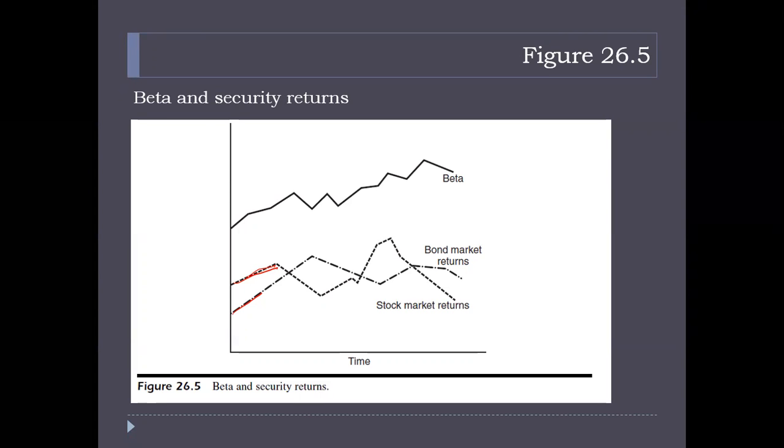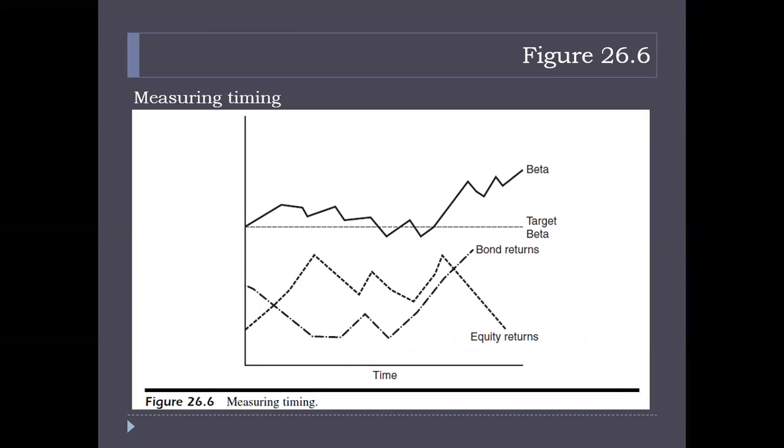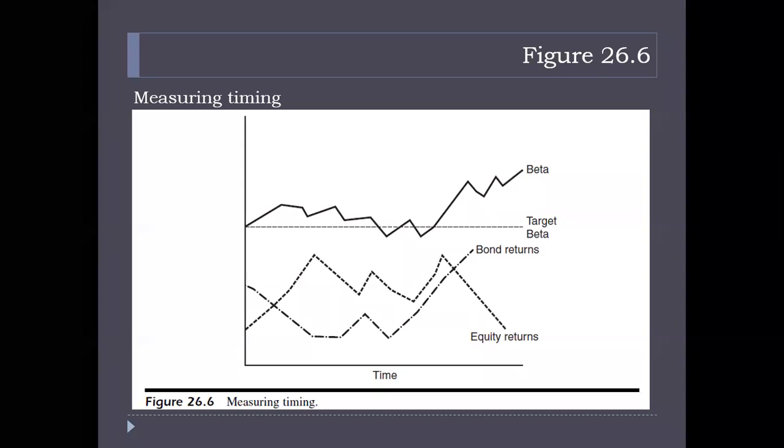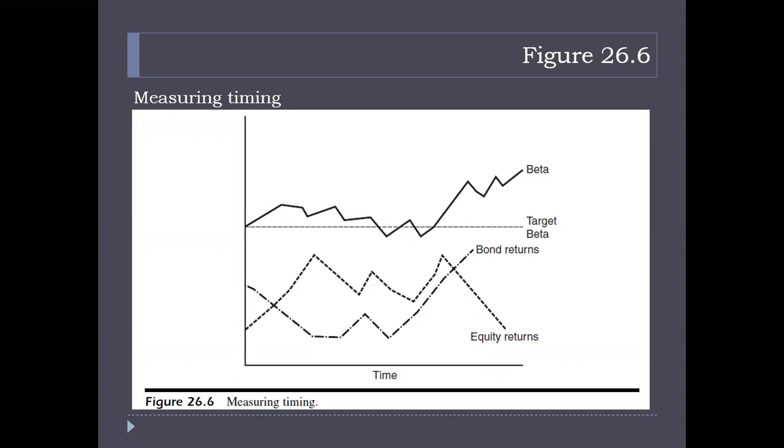Yes, sir. But if you see this one, it is close to the average one. If you make an average and you want to see the average beta of the bond and equity market, the average market beta, you will see that your portfolio beta has a very good reflection of that beta.